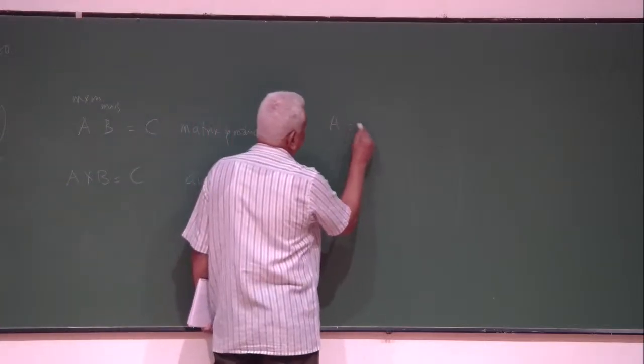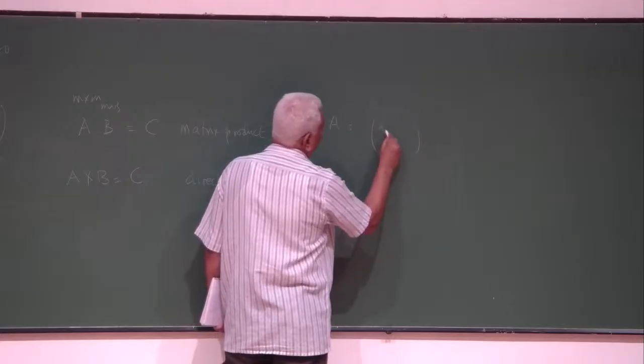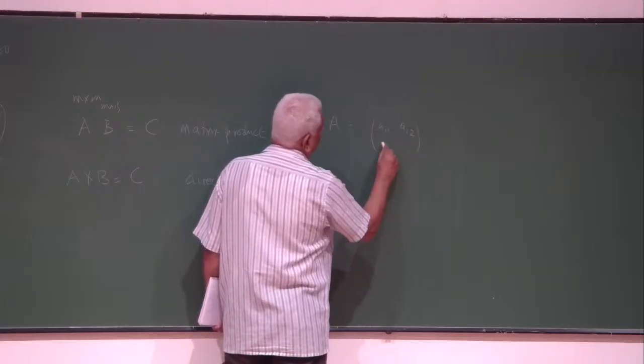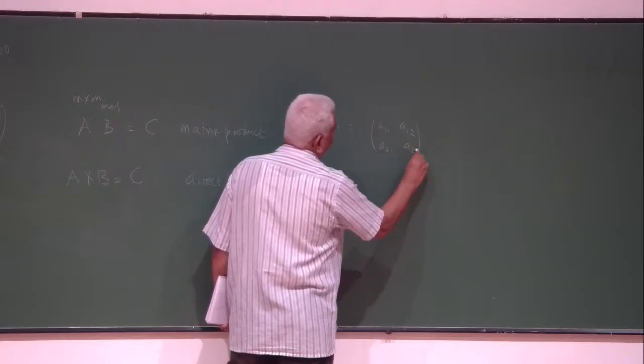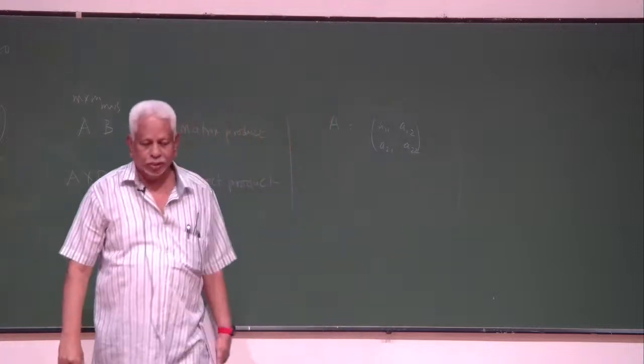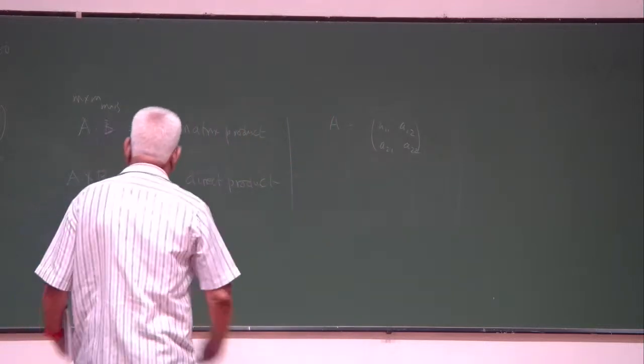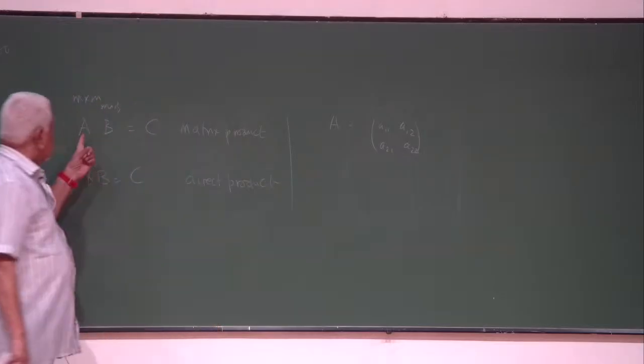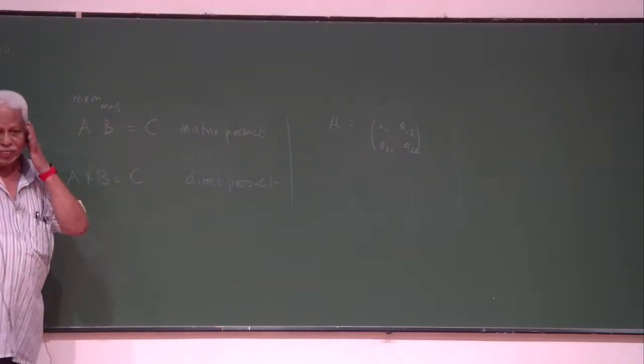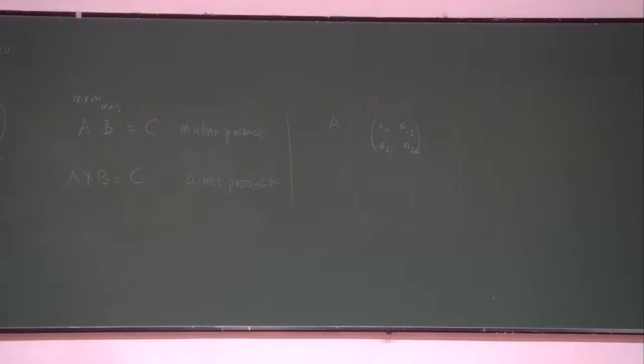A is a 2 by 2 matrix. We will have A11, A12, A21, A22, right? A 2 by 2 matrix. Incidentally, in AB equal to C, the number of columns in A should be equal to the number of rows in B. That is what is needed.